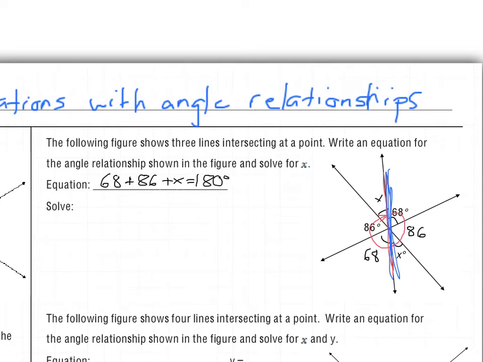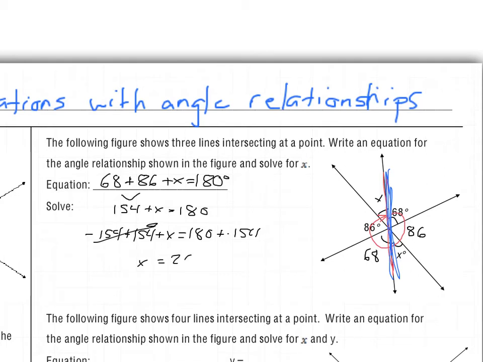So when I combine these together, that's going to give me 154 plus x is equal to 180. Add my negative 154 to both sides. It's going to give me x is equal to 26.